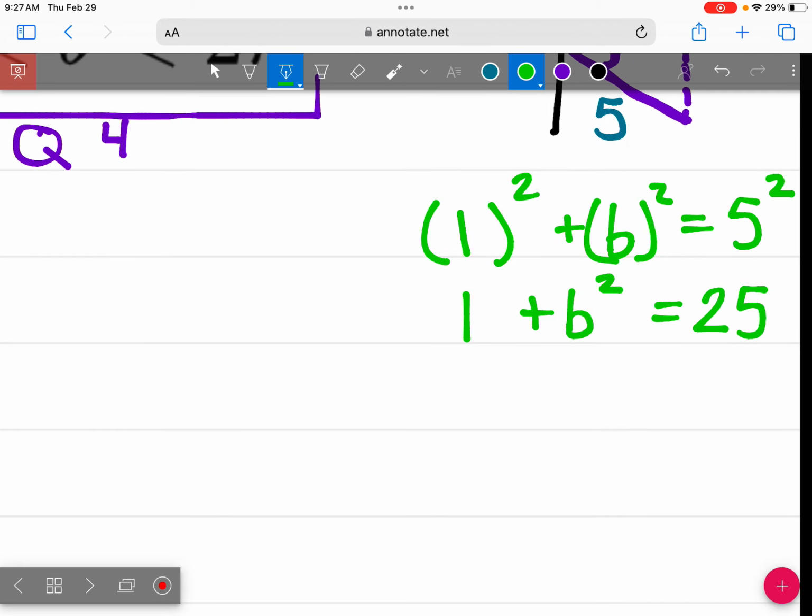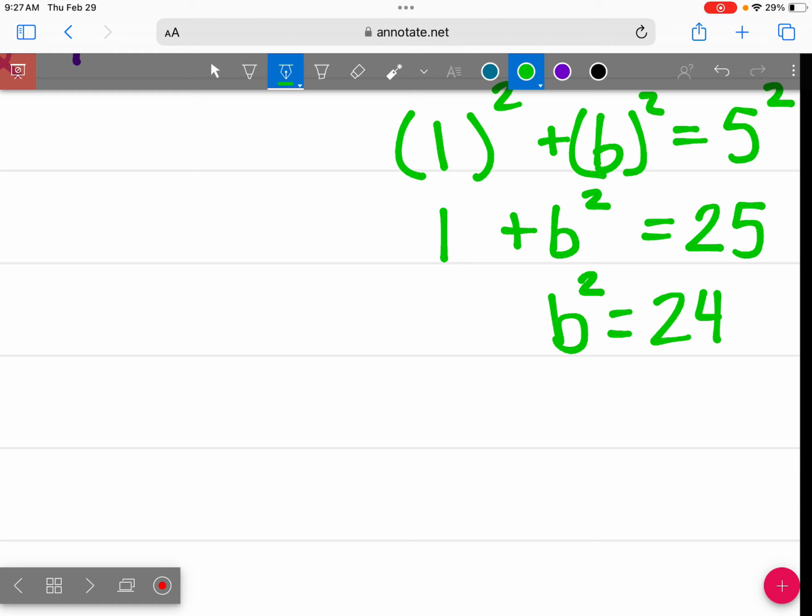So what does b squared equal? 24. So what's b equal? The square root of 24, which we can simplify.